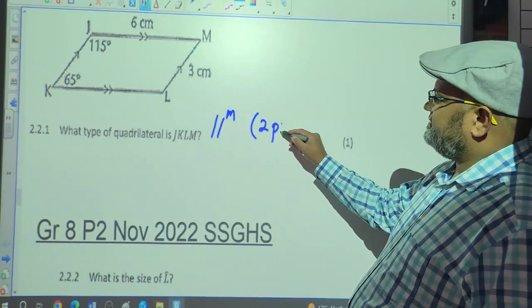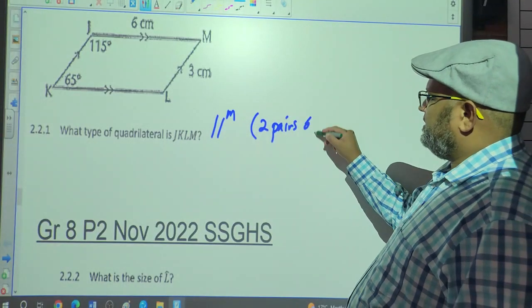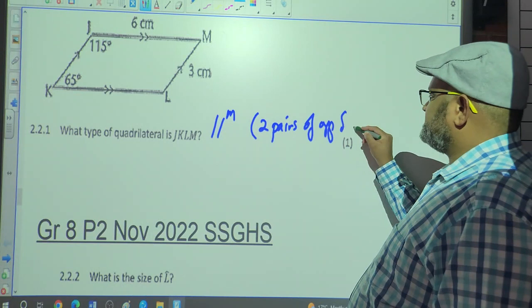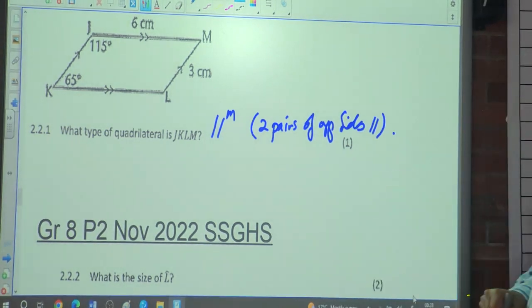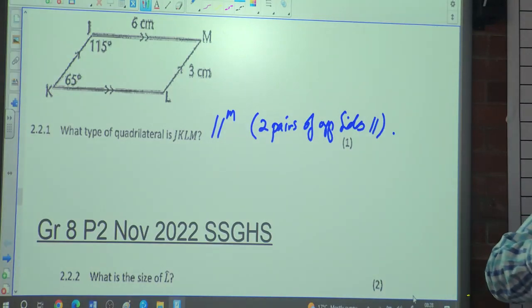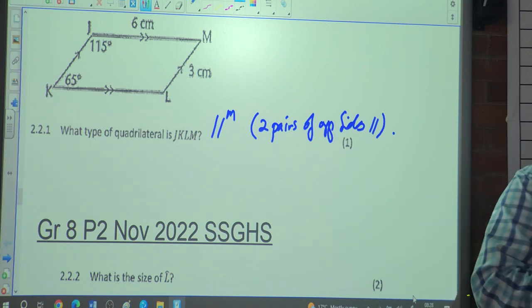Two pairs of opposite sides parallel. People, opposite sides are parallel in four shapes: a square, a parallelogram, a rhombus, and a rectangle. But the least it can be is a parallelogram.